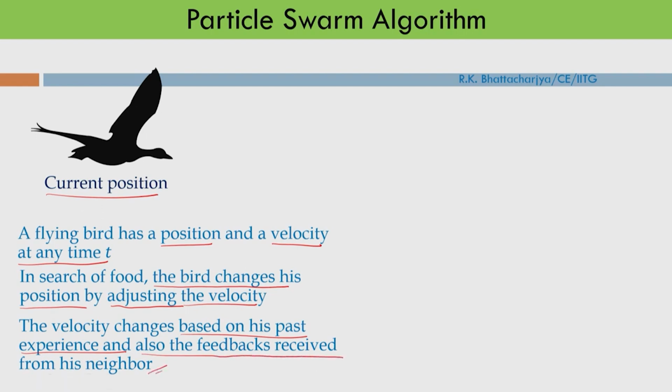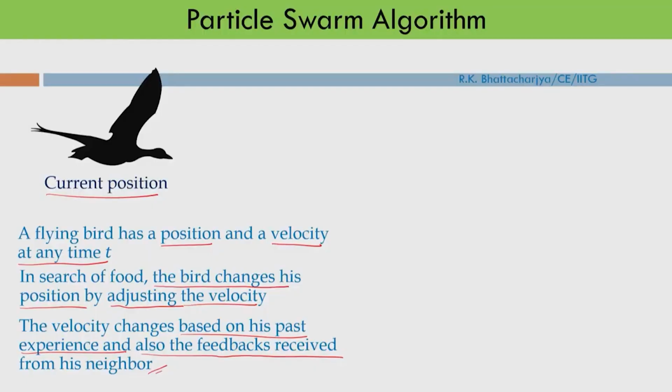So a bird is changing his velocity based on his past experience. He actually has the memory. He is storing all his past locations, that is his personal experience, as well as getting the information from his neighbors. Therefore he is changing his position based on his past experience and also the feedback received from his neighbors.